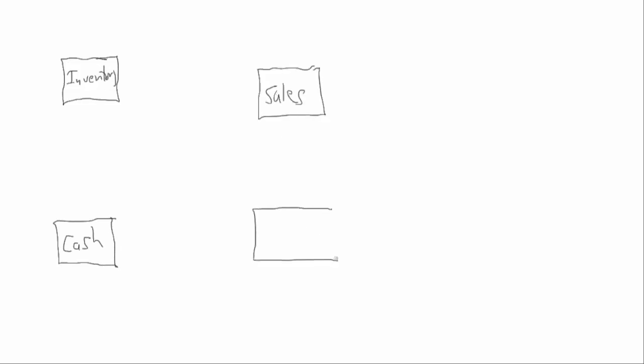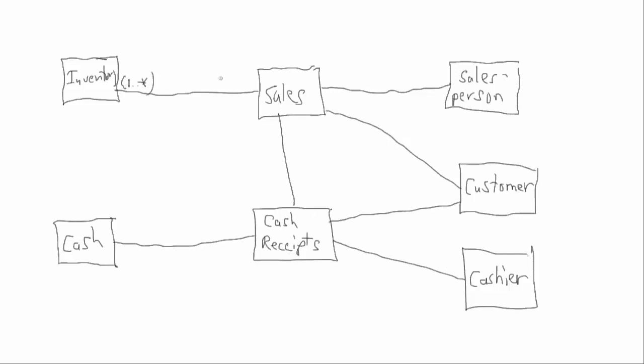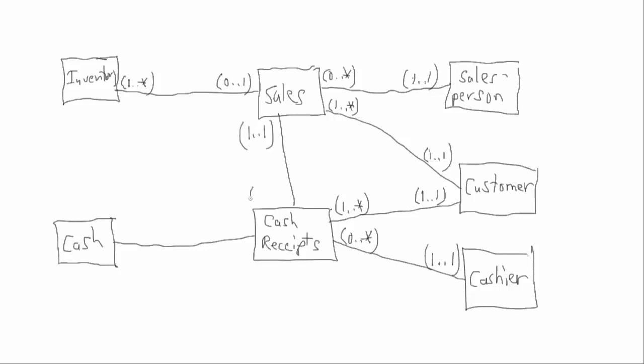So we've got inventory, Now let's consider the multiplicities we have for each of these association lines.